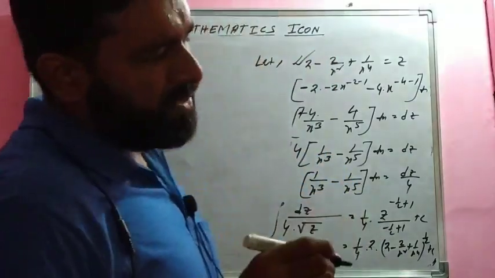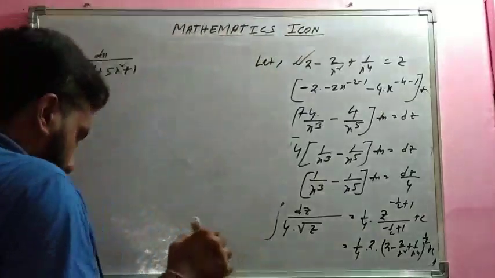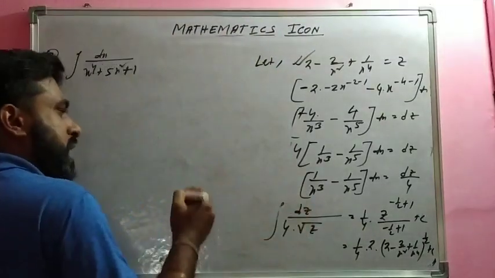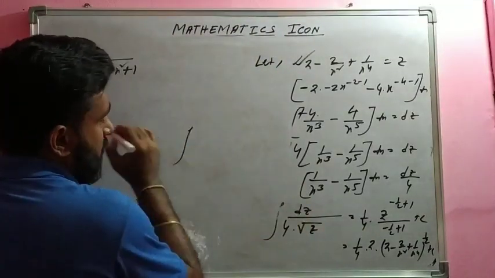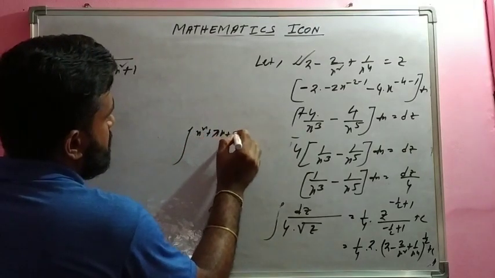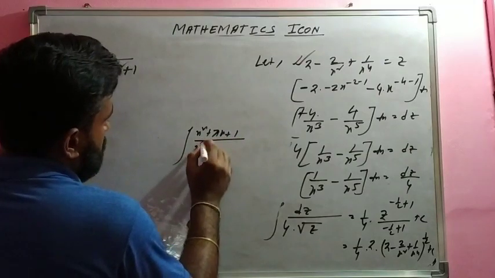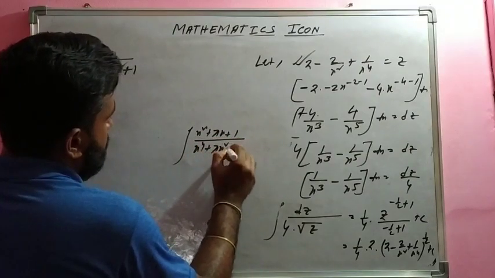If you have any biquadratic formation in the denominator part, then you have one formula also. Just you can see, (x square plus lambda x plus 1) by (x to the power 4 plus lambda x square plus 1) dx.